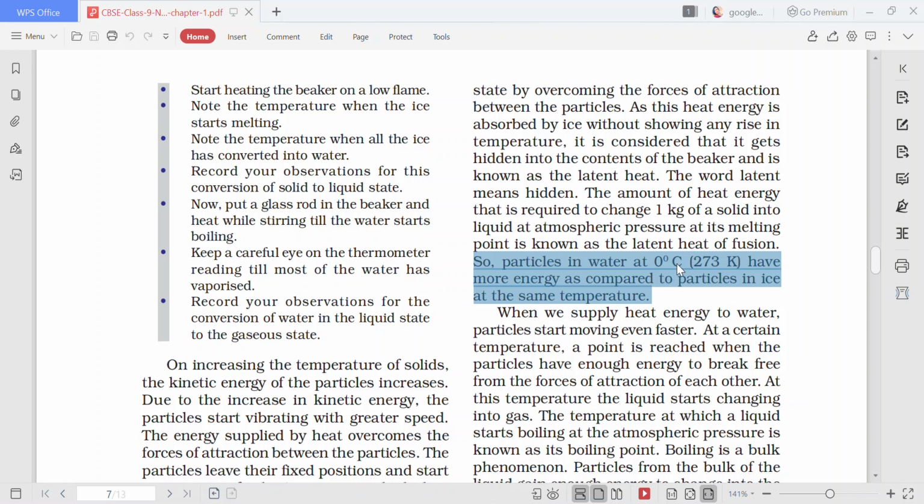Both of the temperatures of the bottle were 0 degree, but student A was carrying ice, that is water in the solid form, and student B was carrying the same water in the liquid form.